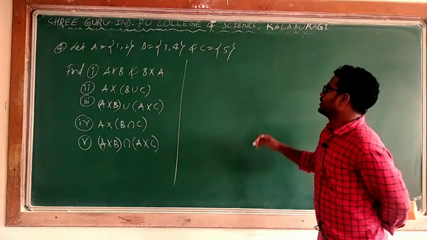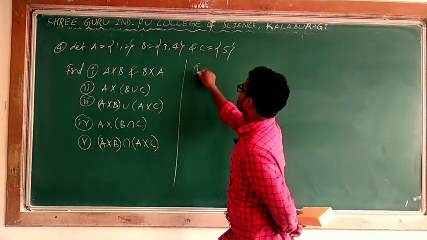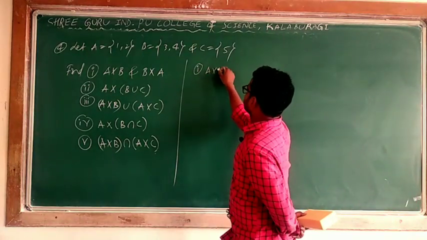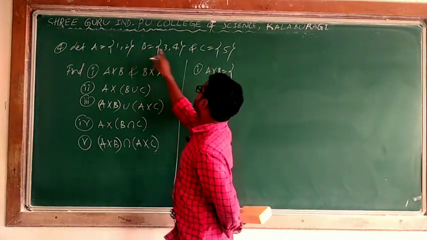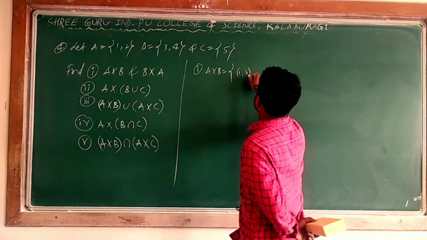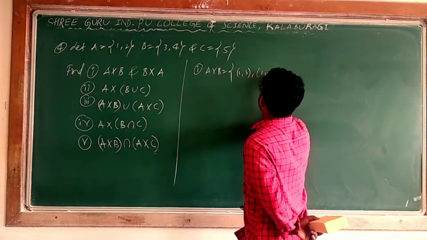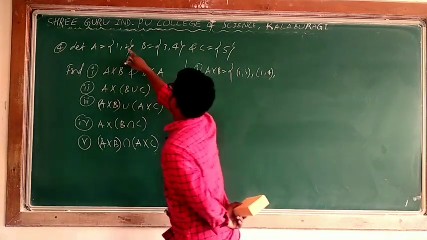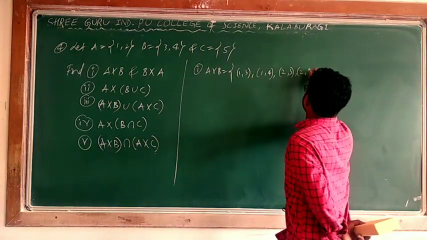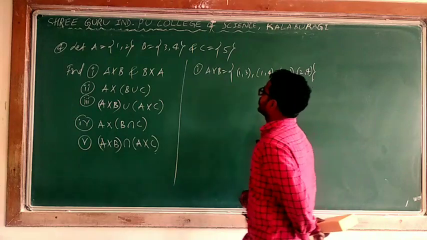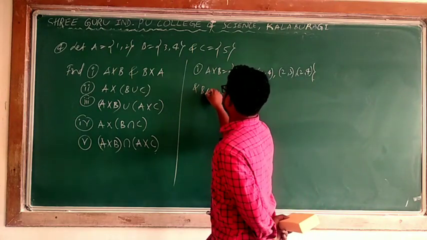Now, first one I will take A cross B. What is A cross B? I can collect: 1 with 3, first ordered pair. 1 with 4. 2 with 3. 2 with 4. This is A cross B. And what is B cross A?